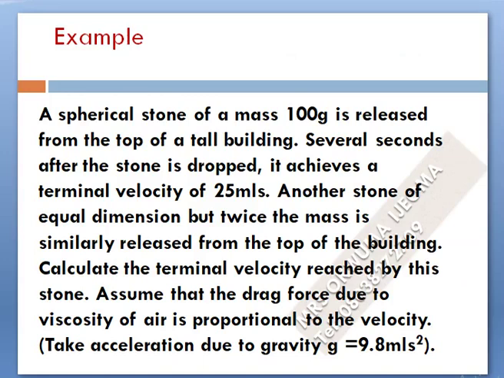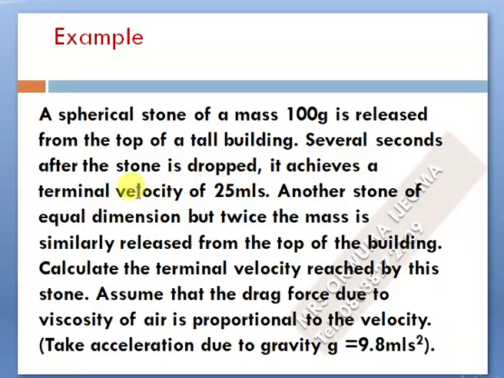Now let's take an example under this viscosity. A spherical stone of mass 100 grams is released from the top of a tall building. Several seconds after the stone is dropped, it achieves what? A terminal velocity of 25 meters per second.